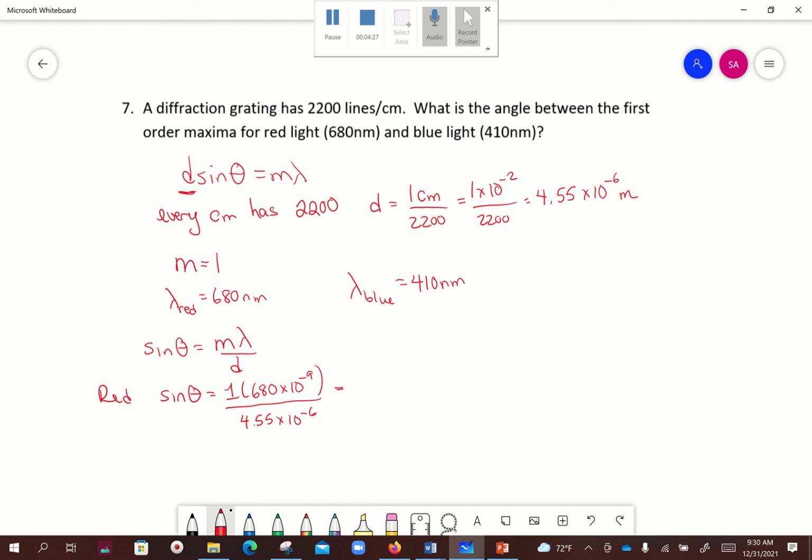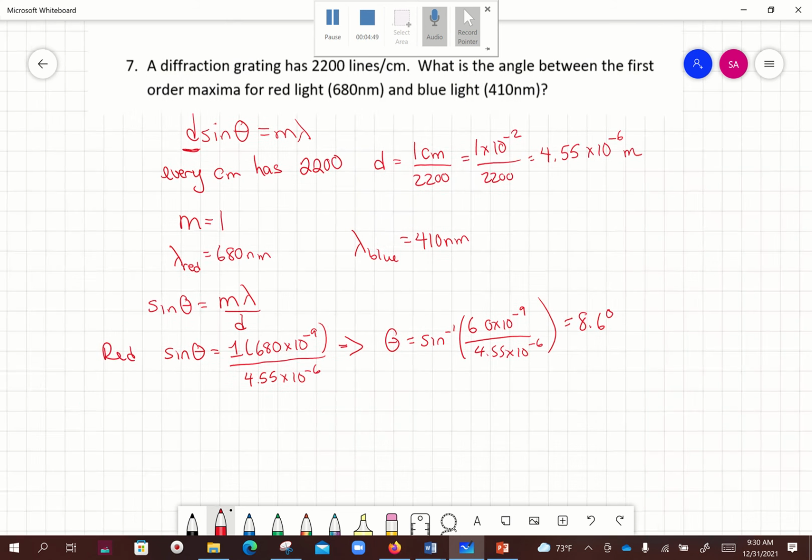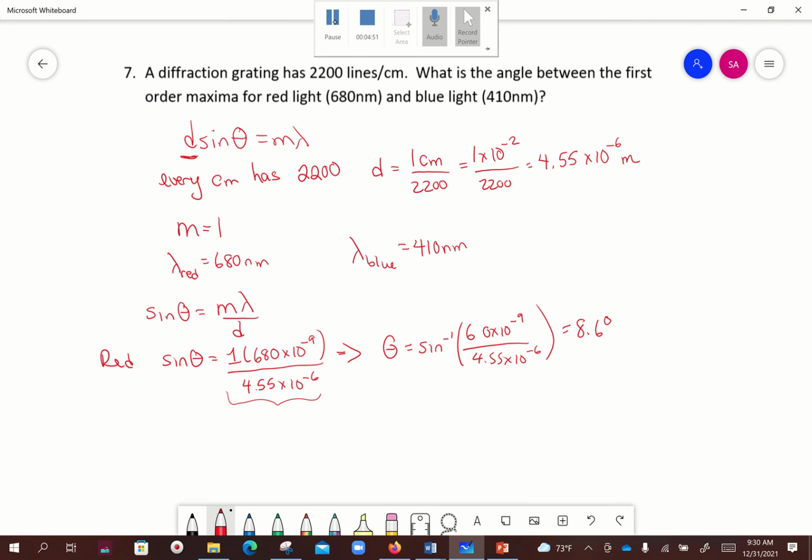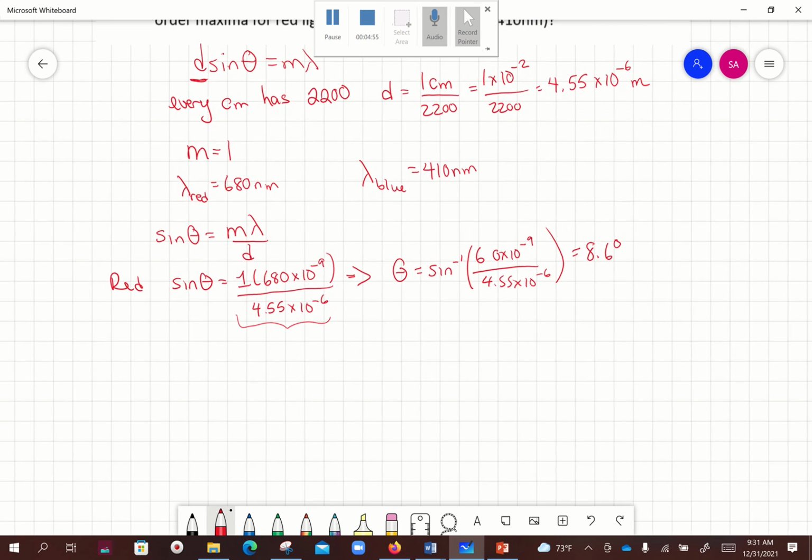And so that means that theta is going to be equal to the inverse sine of that. And I get 8.6 degrees. Okay, so I didn't actually have to find what this number is. I could just tell my calculator the inverse sine of that. But if you want to, you can find it.